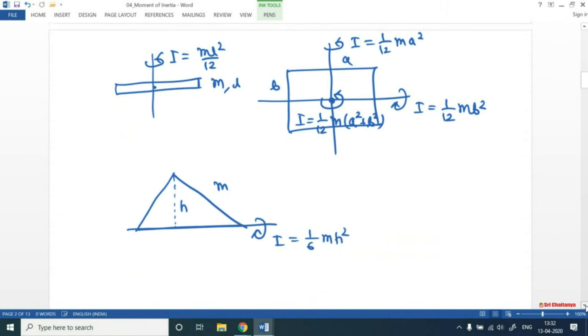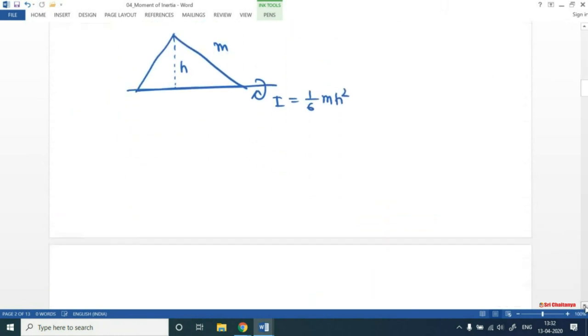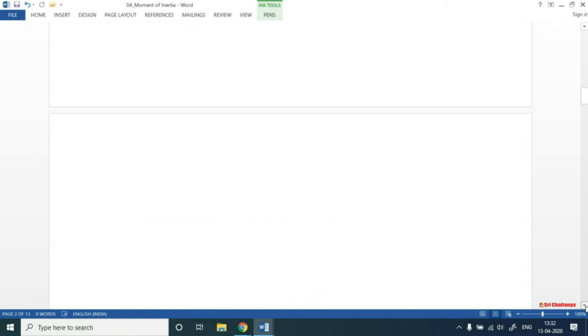Apart from that, in order to find the moment of inertia about some other axis, we use two other important theorems.